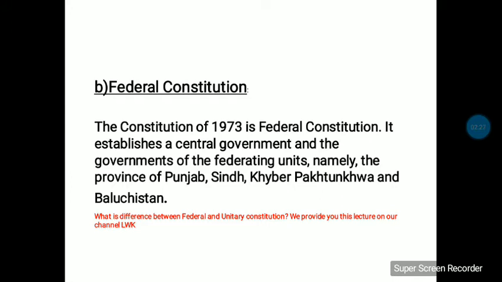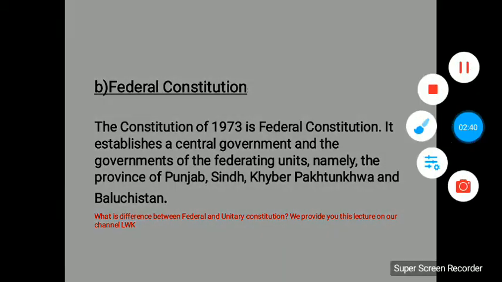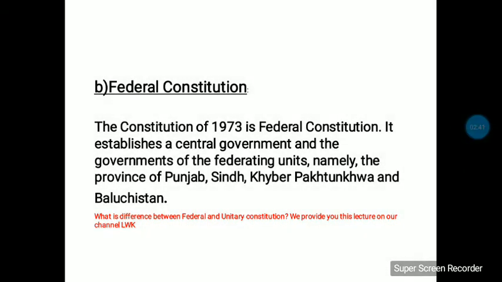There are 4 provinces and a federal layer also, and there is also FATA, meaning Federally Administered Tribal Areas. Guys, in a coming lecture we will also discuss the difference between the federal and the unitary constitution, that is, what the difference is between these two terms.